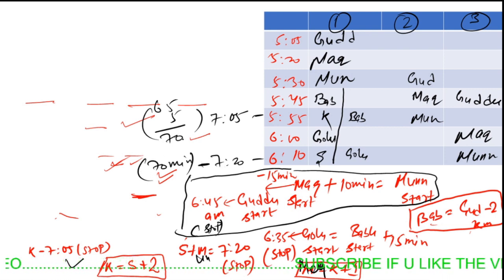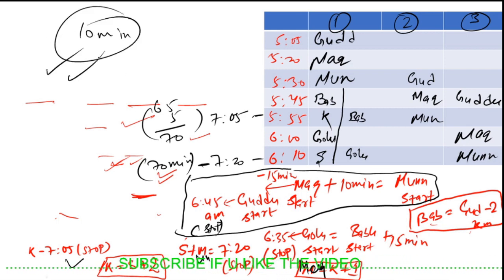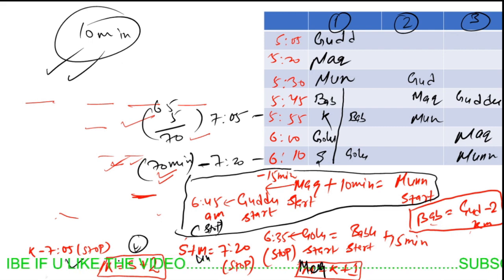So we know that the durations of Kaleen and Sweetie must have a gap of 10 minutes. Why must the durations of Kaleen and Sweetie have a gap of 10 minutes? Because we know that Sweetie is traveling 2 kilometers less than Kaleen.